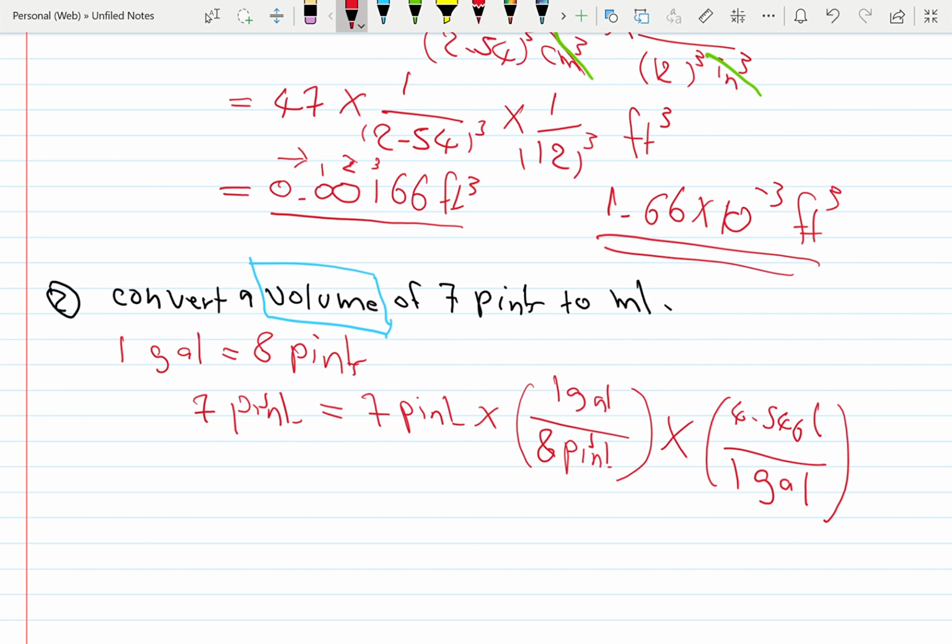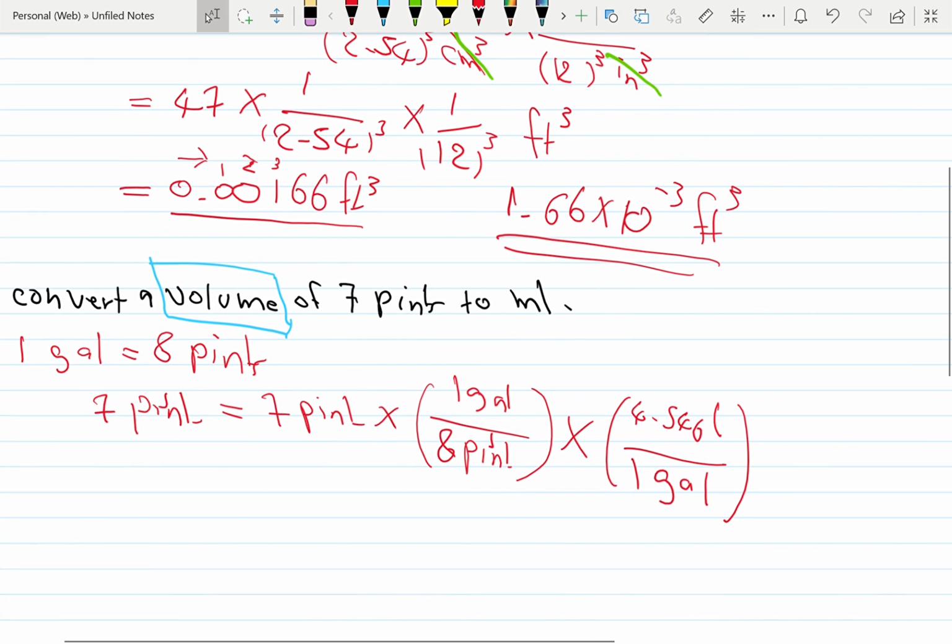Then we multiply this by, because we need to convert the liter to milliliter, 1000 milliliter is equal to 1 liter.